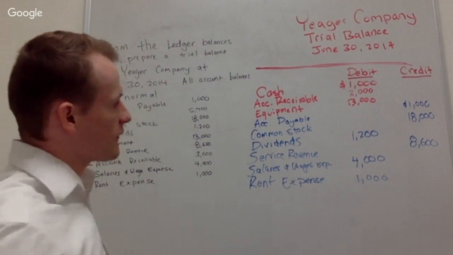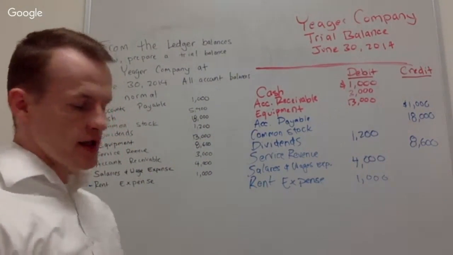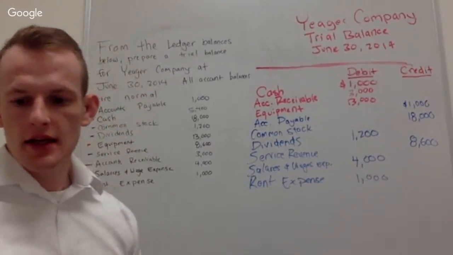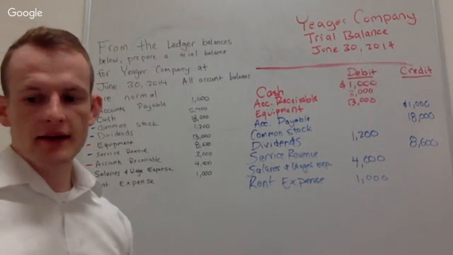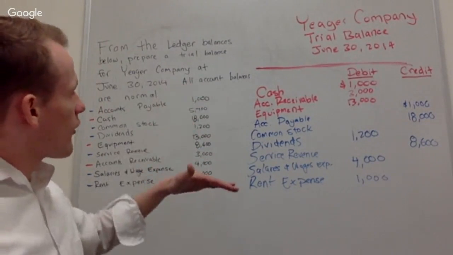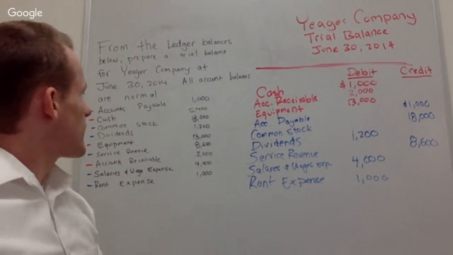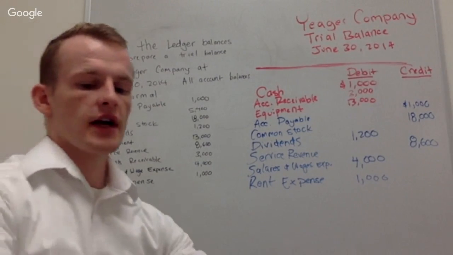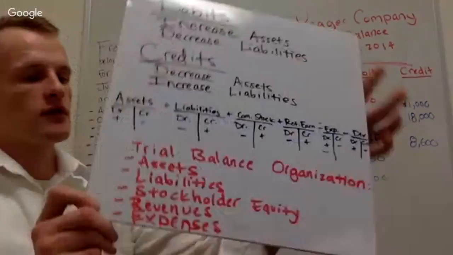So now we have just about finished our trial balance sheet. And again, I apologize that it seems a little backwards, but if you have followed along, I have broken down all of these accounts in the order that they're supposed to go into, following our rules here at the bottom of this rule sheet.